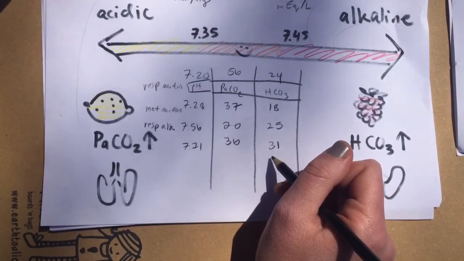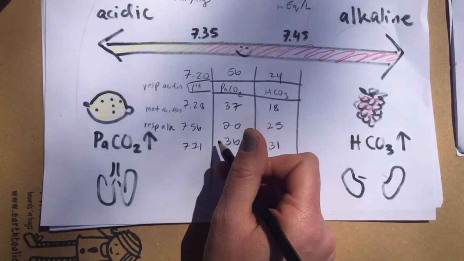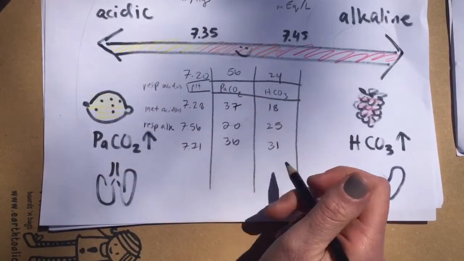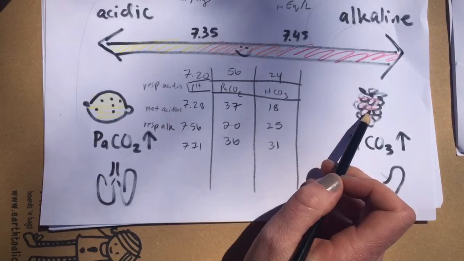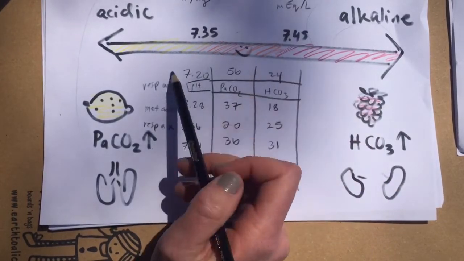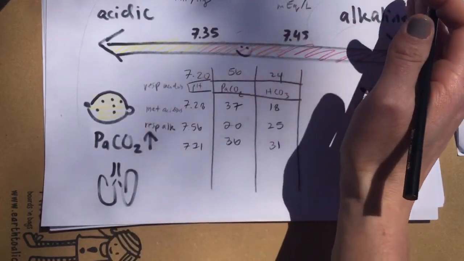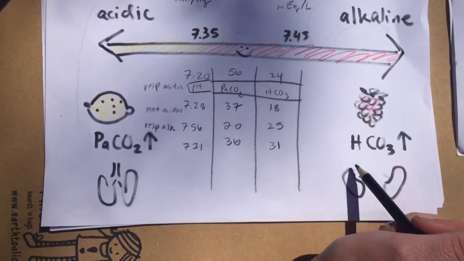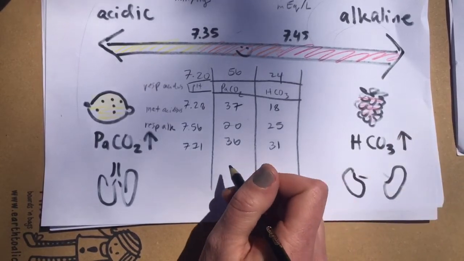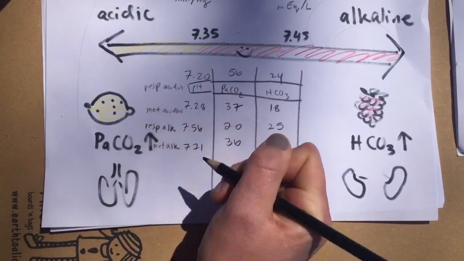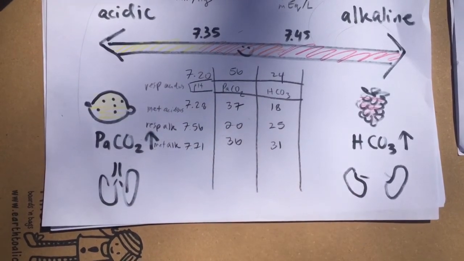Because it's normal, we're going to rule out respiratory. 31 is our HCO3, and that is abnormally high. So we fall all the way on this side of the spectrum because we have an alkaline pH and a high HCO3. So this is metabolic alkalosis. I hope that helps some.